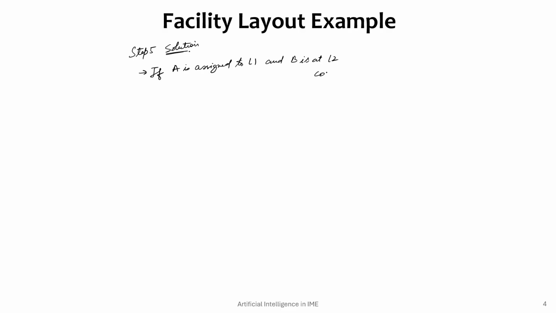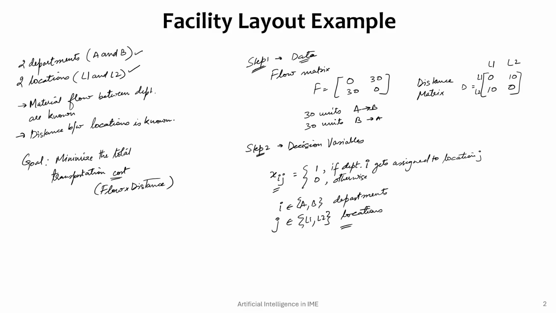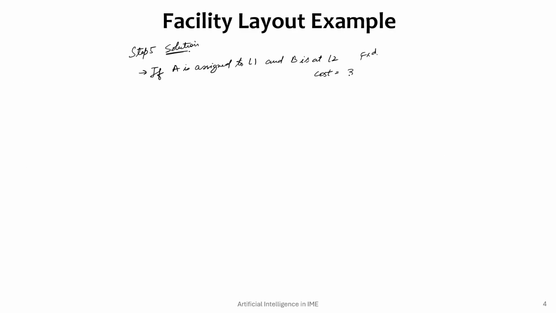So, the cost is you need to multiply F into D. If you go backwards and see that A gets assigned to L1, then your cost is 30, and the same cost is involved here. So, you can write 30 into distance 10 between these two, plus the same thing, 30 into 10. So, this cost is 600.